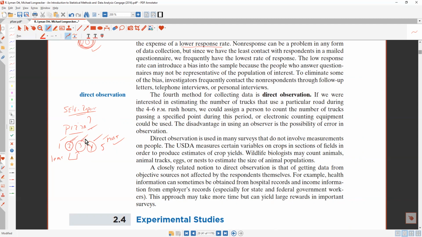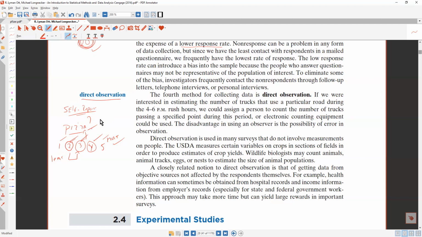Does it indicate true pizza preference? Well, how would we validate that, right? How would we actually confirm that differences on the scale correspond to differences in actual pizza liking? Well, one way would be direct observation. Observe your participants. Do they eat a lot of pizza? Do they not eat a lot of pizza?